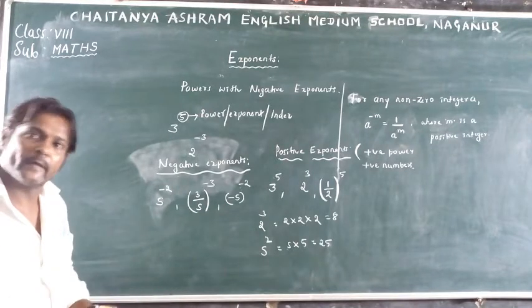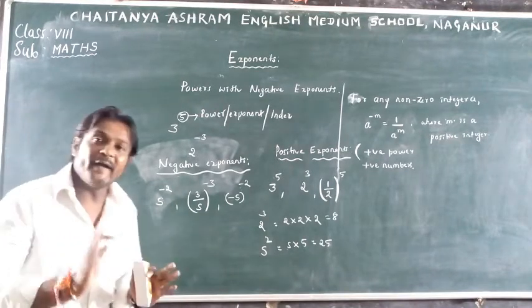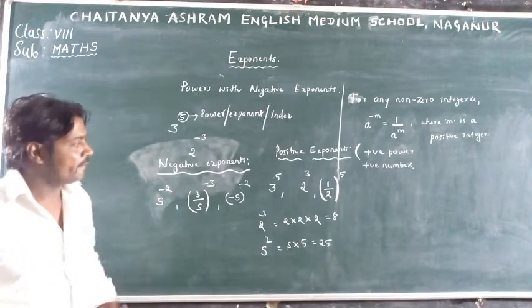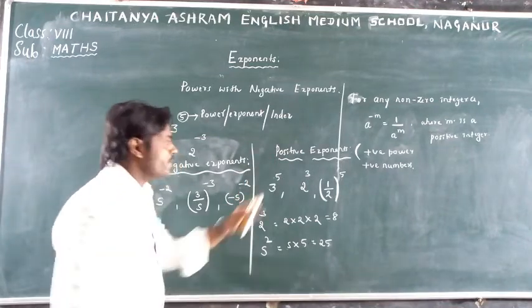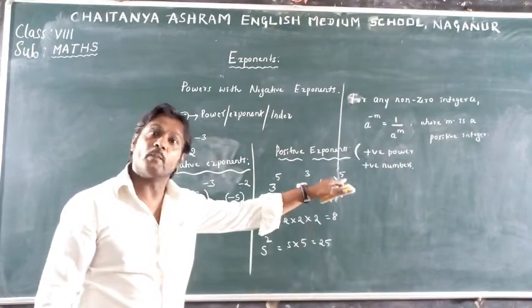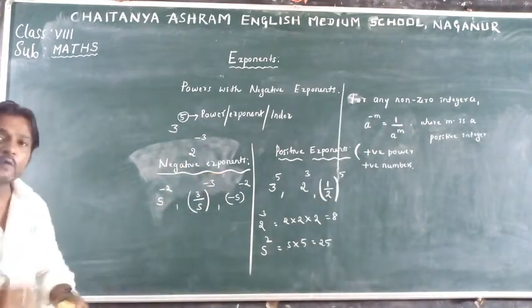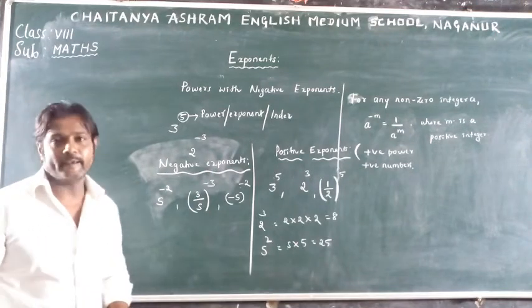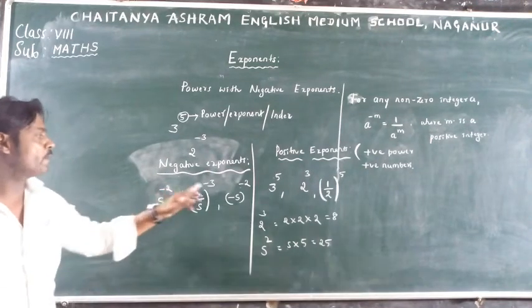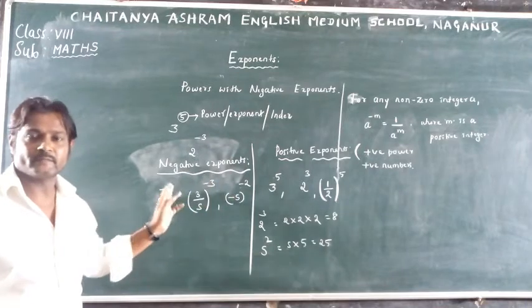In other words, they are also called minus exponents, while positive exponents are also called plus exponents. Negative exponents are called minus exponents because they have negative integer powers.